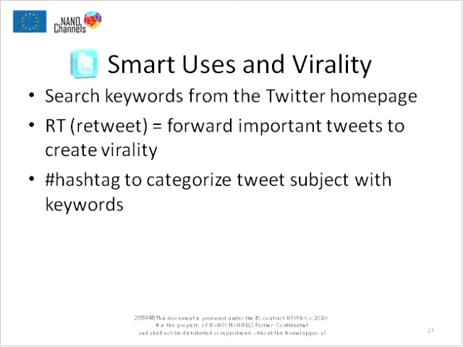When you want to spread the message regarding that email, you can retweet or basically forward important tweets to create virality. There's also a use for something called hashtag, which is basically the character you're seeing at the beginning of the word hashtag, which is used to categorize a tweet or to add a keyword to it by using the hashtag sign. That allows you to create attention or to drag attention to your tweet by using a specific keyword.